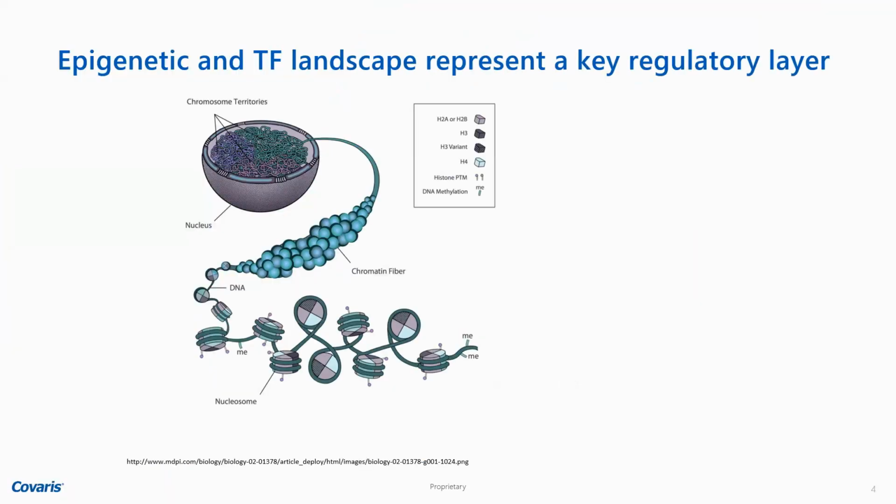If we talk about the epigenetic and transcription factor landscape, we appreciate that this represents a key regulatory layer in the genome. And if we want to characterize this landscape, we can look at post-translational histone modifications, transcription factors, and pioneer transcription factors that bind to chromatin, or any epigenetic regulators such as readers, erasers, or modifiers, which can also modify chromatin structure.